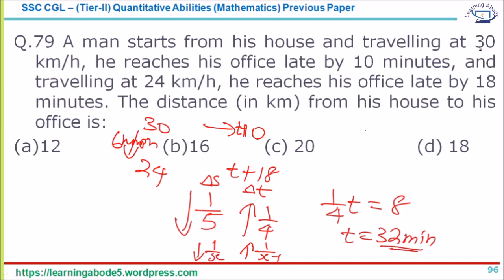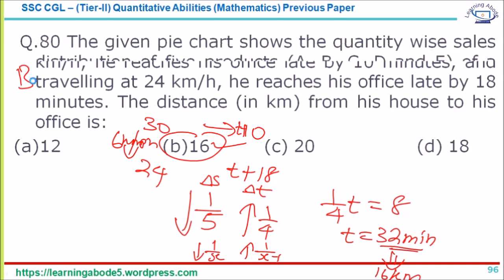Now what is the speed? 30 km per hour means every minute half a kilometer, since 60 km per hour means every minute 1 kilometer. So in 32 minutes, half of 32 is 16 kilometers. That's answer option B for question number 79.